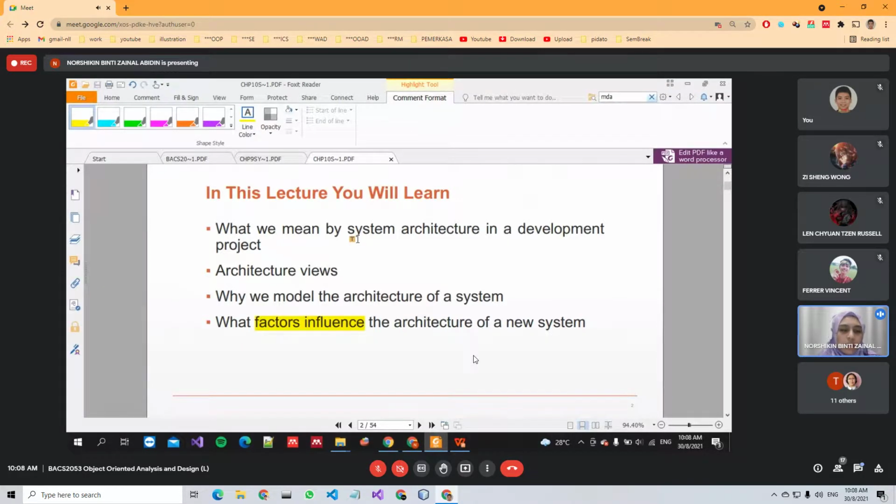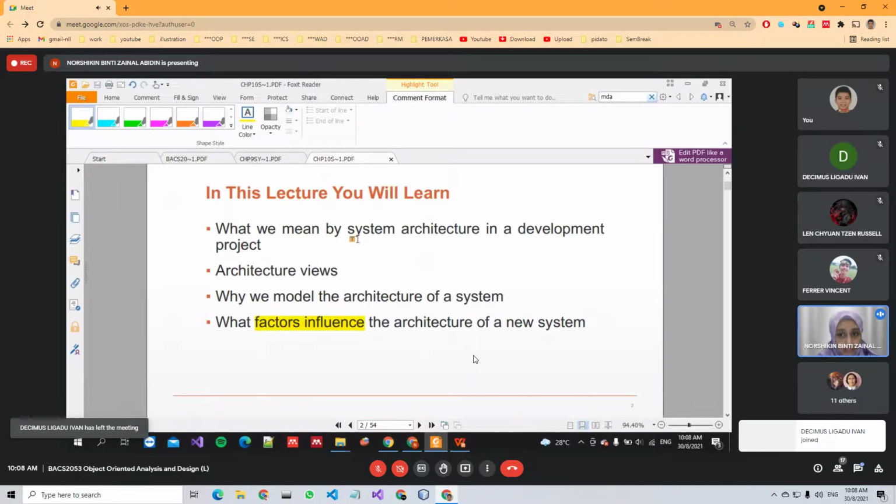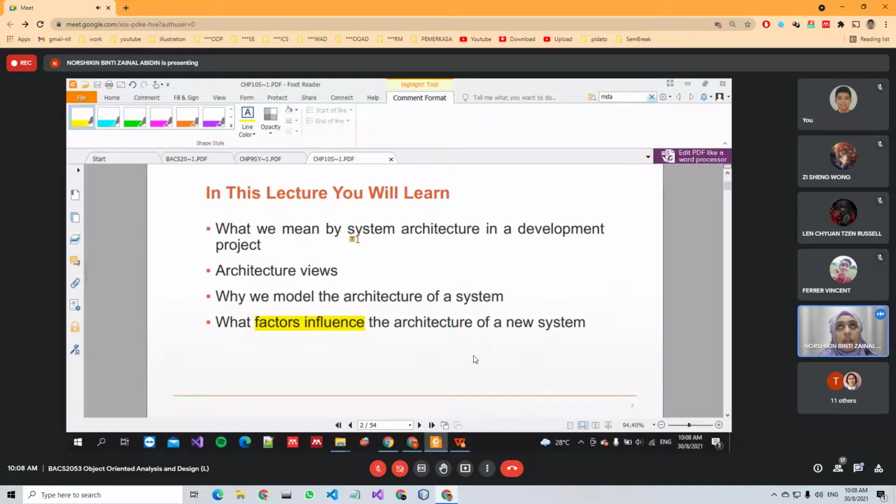Last week I already gave you the definition of the concept of system architecture. But this week in this chapter, we will see how we apply system architecture in a development project, what the architecture views are, why we need to model the architecture of a system, what the function of an architecture model is, and what factors influence the architecture of a new system.